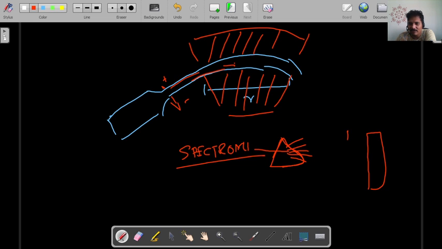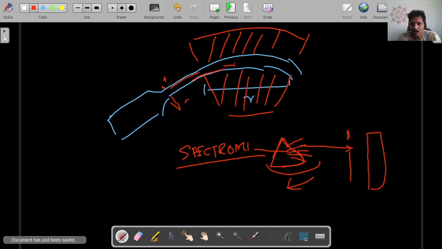Here you have an exit slit. We rotated this prism table, thereby only a particular wavelength of light will enter your exit slit and fall on your detector. In a similar manner, here I want to collect a particular mass to charge.